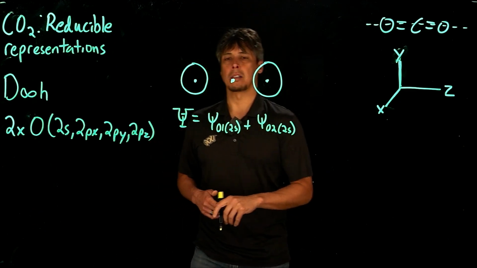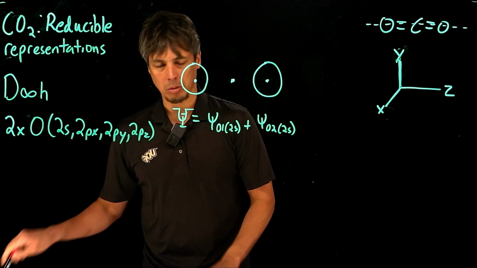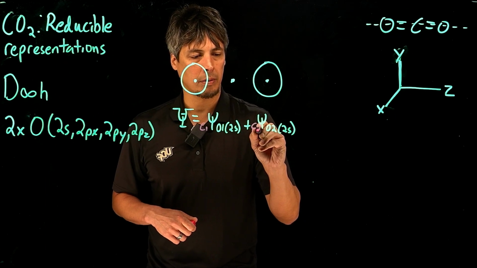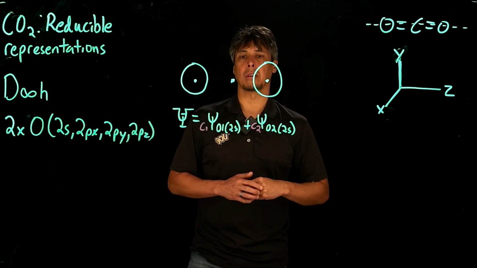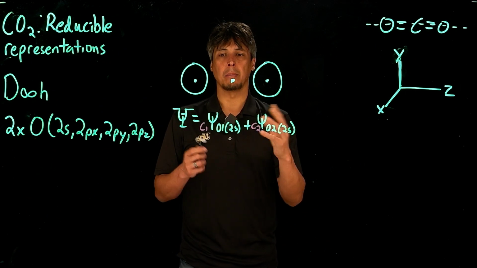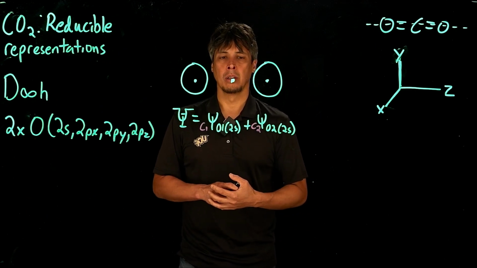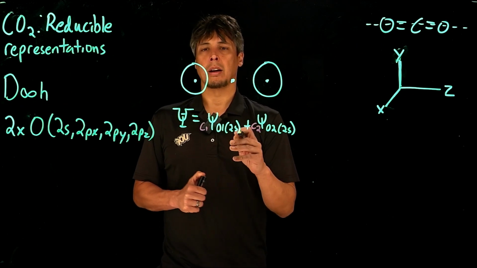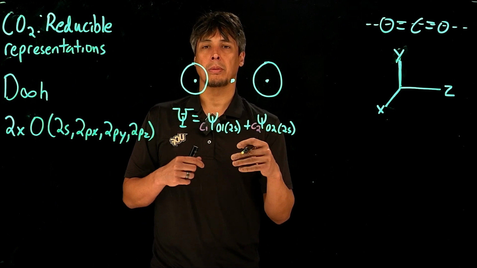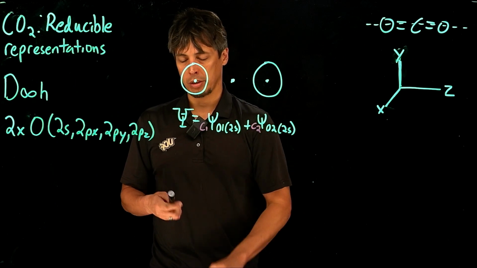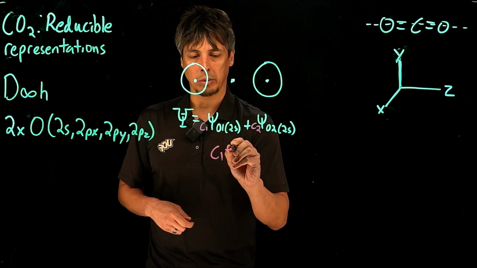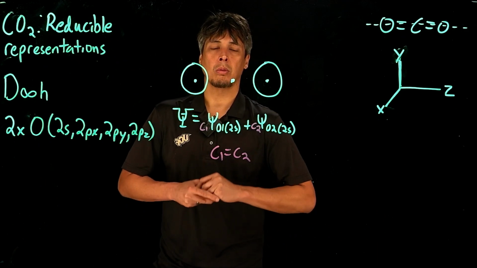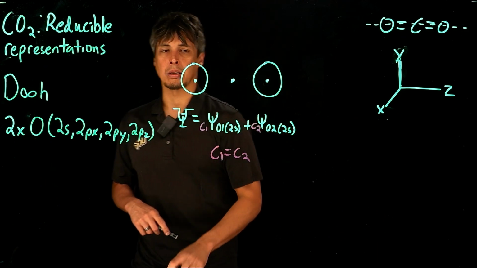And so mathematically that's what that would look like, but of course we're going to have some coefficients attached to this, which indicate that there's some weighting between these two atomic orbitals. Since these are both oxygen atoms, there's not going to be any difference in the weighting, so in this case the coefficients are going to be equal to each other. So mathematically that's what that looks like, but qualitatively we're going to draw this like this.